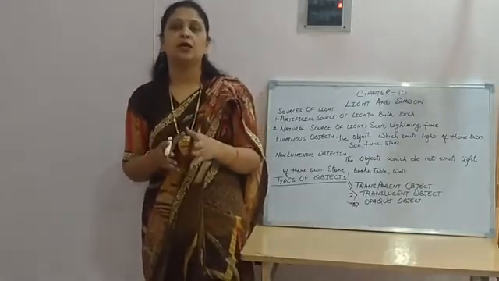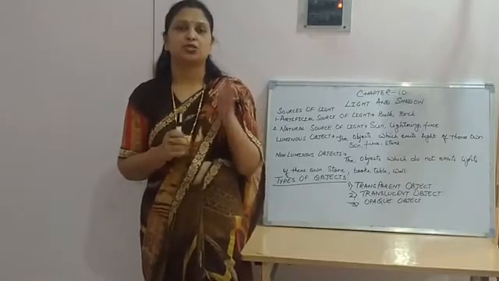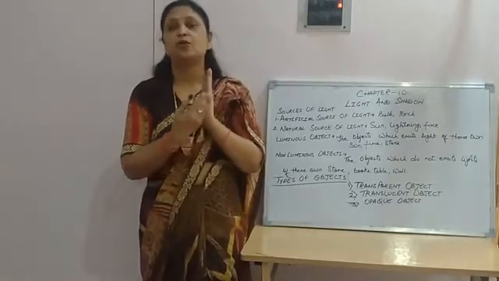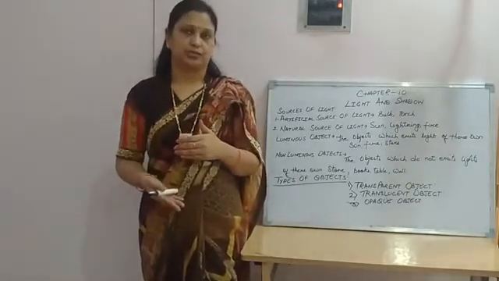Yes, you can say a book is an example of an opaque object because it cannot pass the light through it.